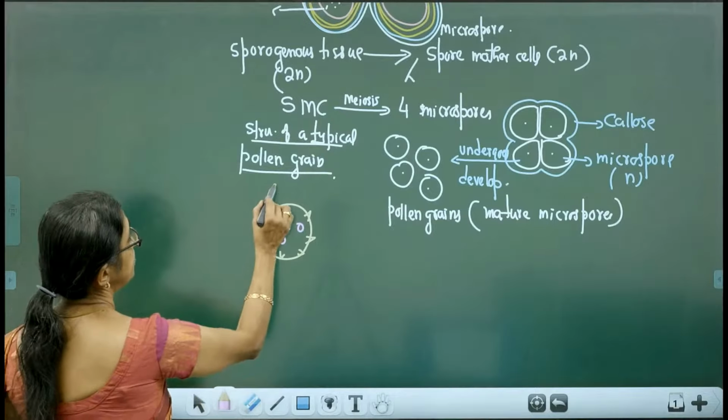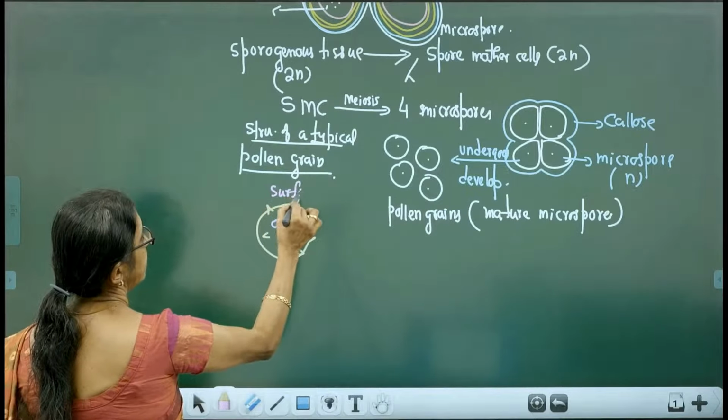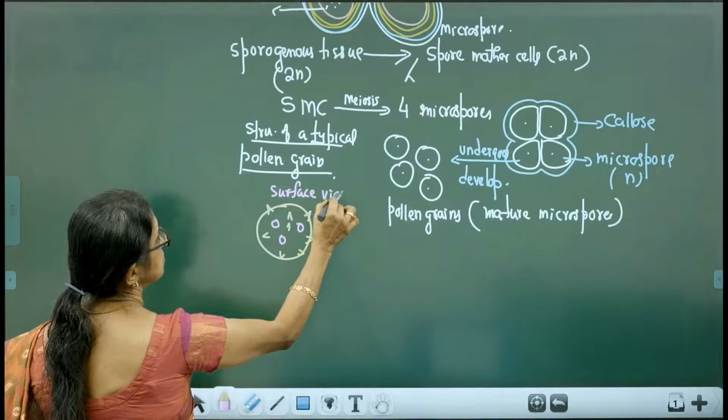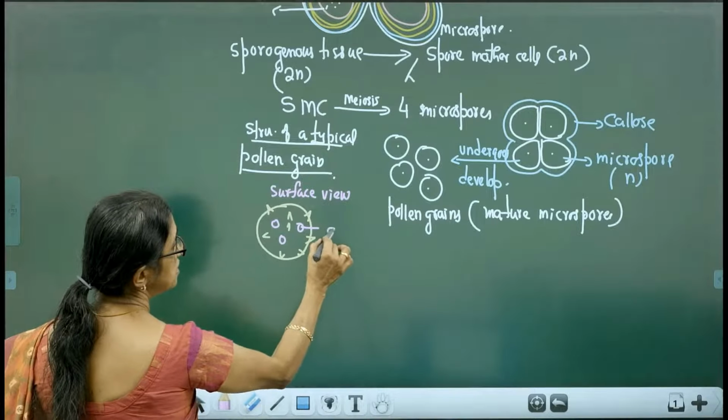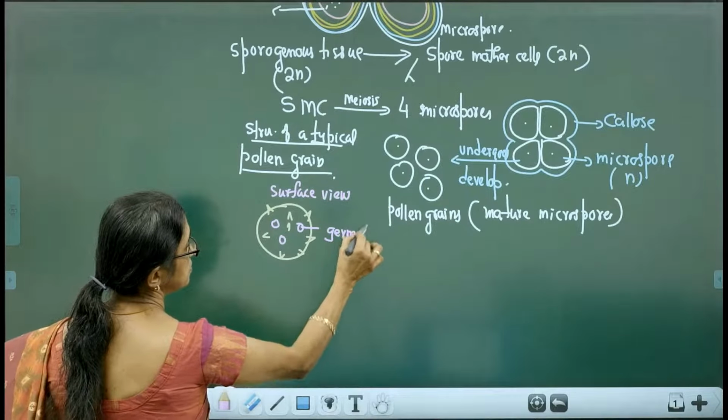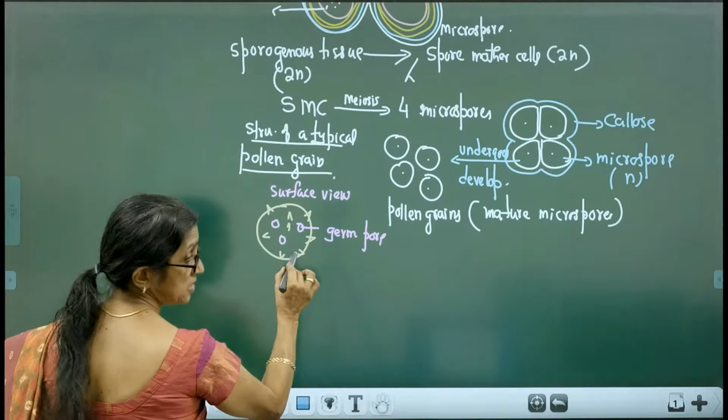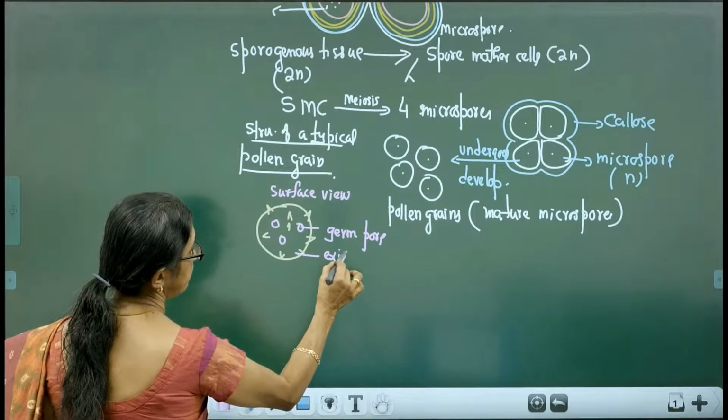So this is the surface view. This is the germ pore, and this is the outer layer, that is exine.